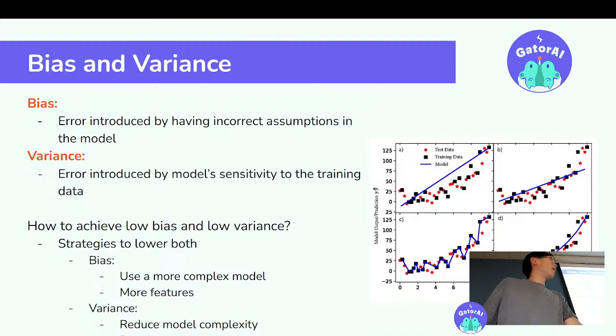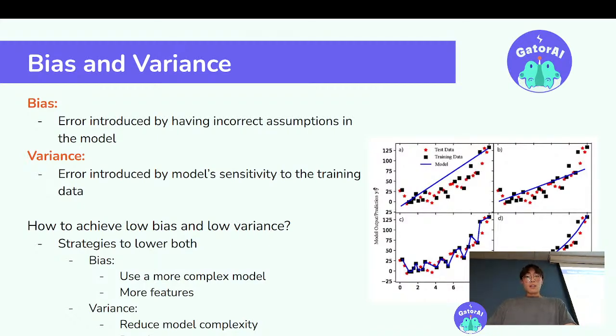And so our model would make very different predictions. So A would probably be the high bias, high variance. B would probably be the high bias, low variance. C would be the low bias, high variance, and D would be both low bias, low variance. If you guys see that.